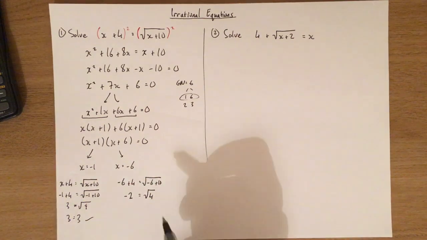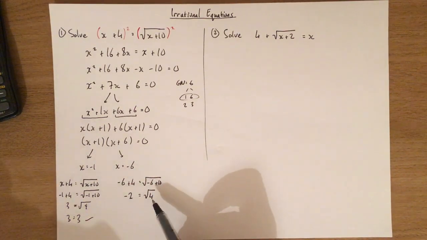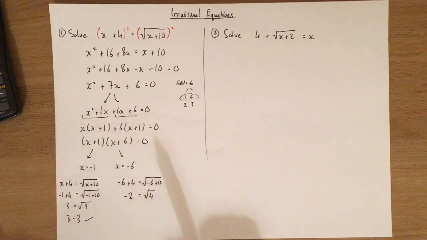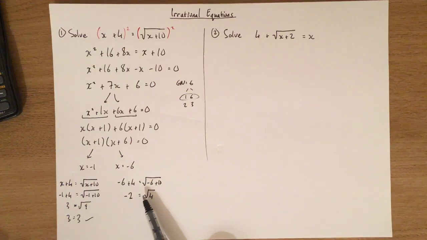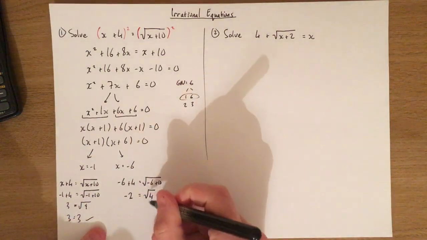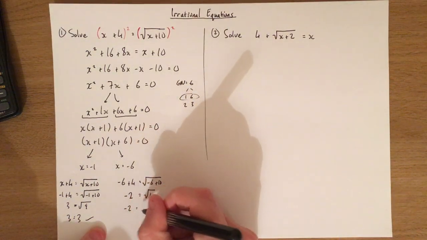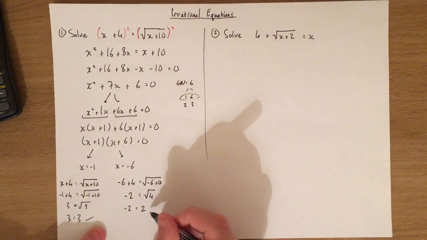Okay, in these, because we're not introducing the square root here to solve an equation, we don't need to consider the plus and minus case, so we're just going to go the square root of 4 is 2. So we only considered a positive case here because the square root's already there. Okay, so the square root of 4 is 2. So minus 2 is equal to 2. That's not true. Okay.